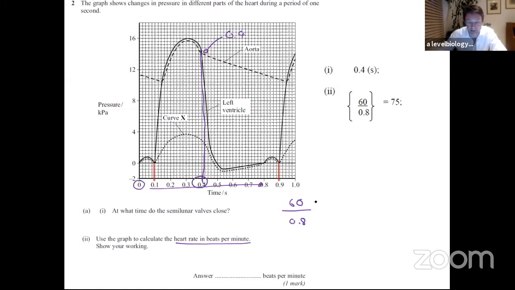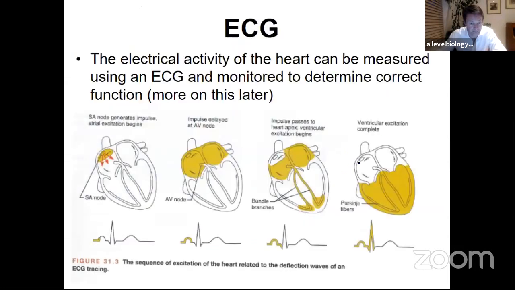And then to calculate a heart rate, you look at any 2 points where the same point exists. So you could go from here to here, or you could go from here to here, and then divide 60 by that time, which gives you the heart rate in beats per minute, which in this case is 75.